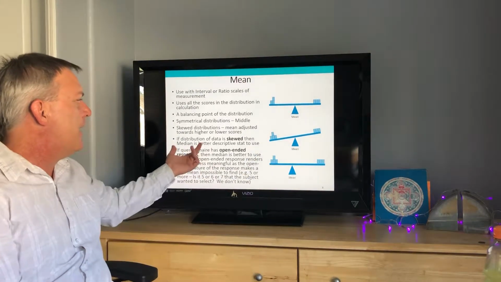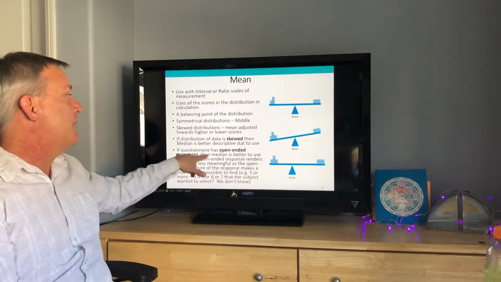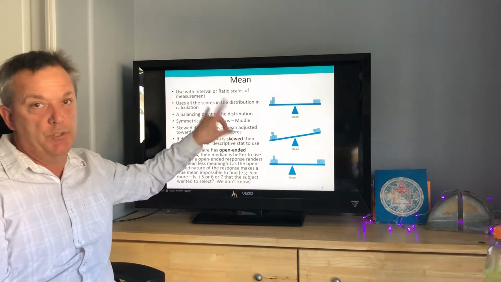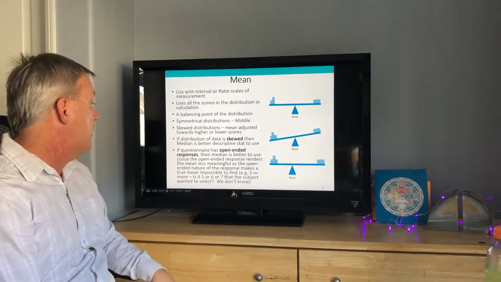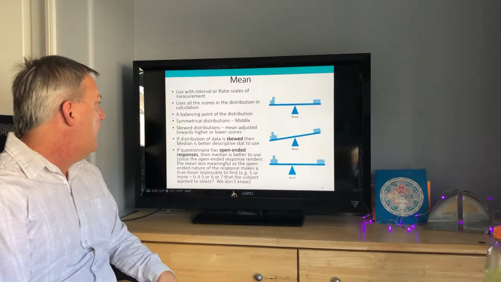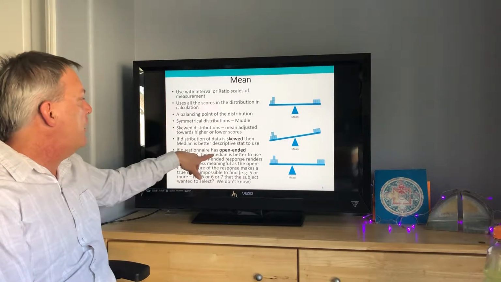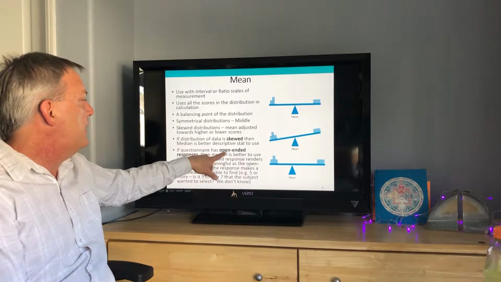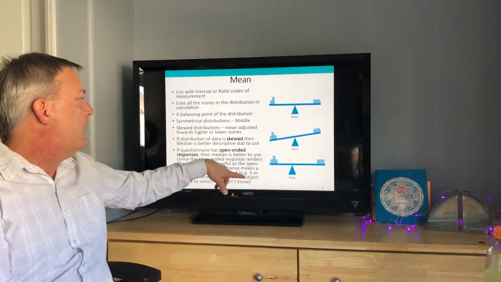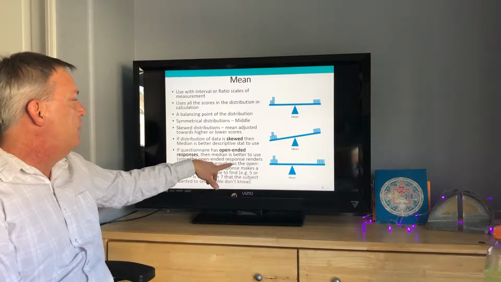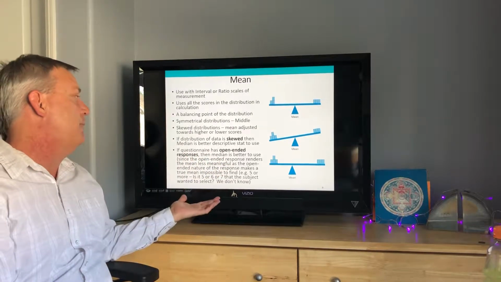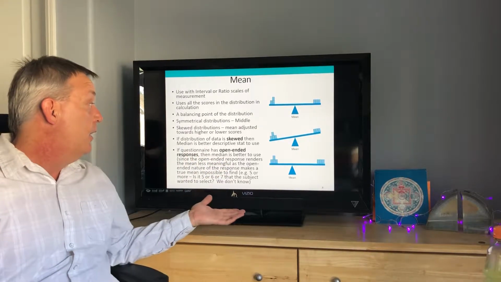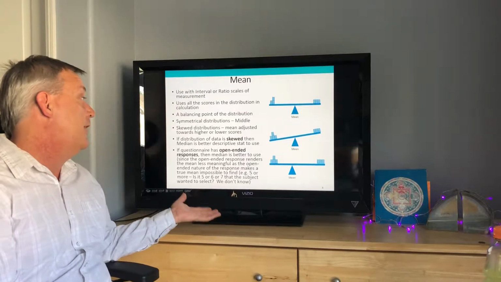If the distribution of data is skewed, then the median is a better descriptive stat to use, as we've gone over in the flowchart. And if the questionnaire also has open-ended responses, then the median is better to use as well, since the open-ended response renders the mean less meaningful, as the open-ended nature of the response makes the true mean impossible to find.